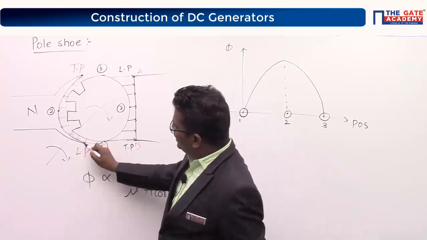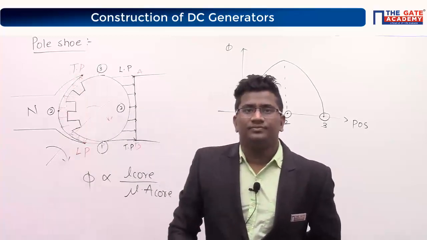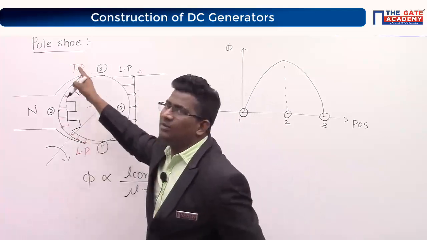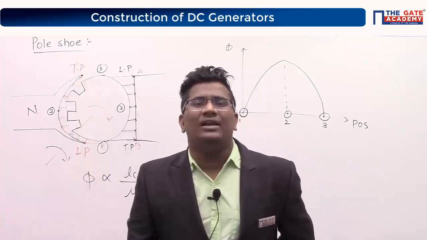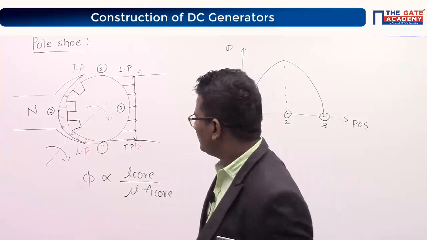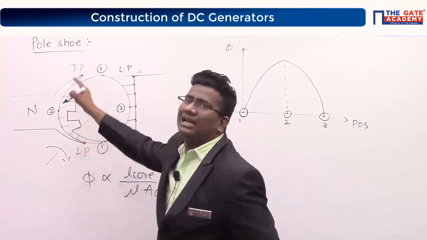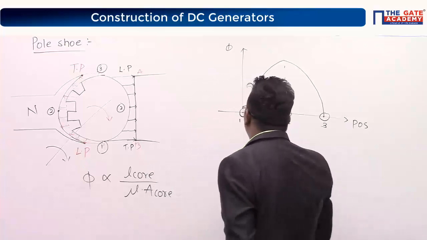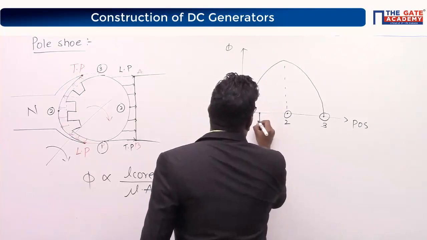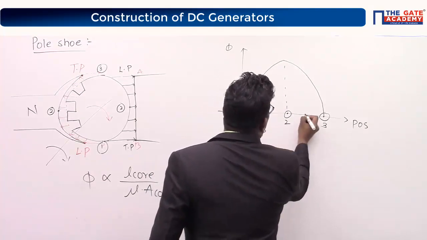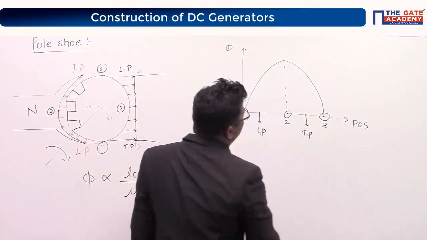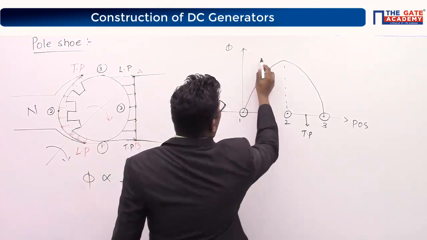Tell me, from leading pole tip to trailing pole tip, what is the air gap? Is it constant or variable? Constant. Let us say this is my leading pole tip and this is my trailing pole tip.